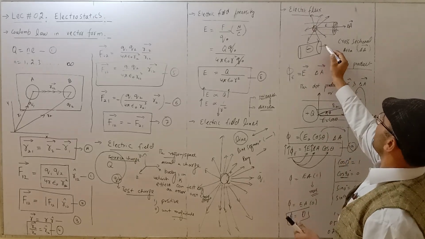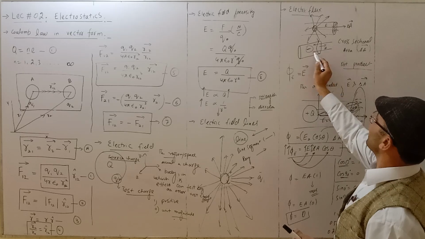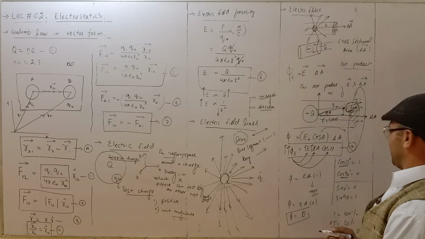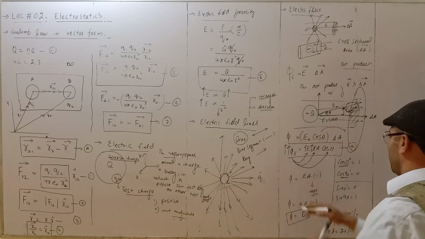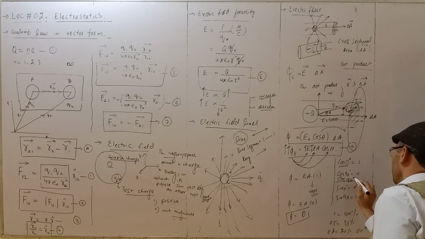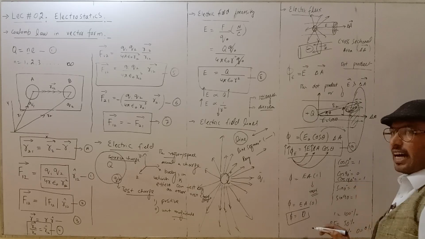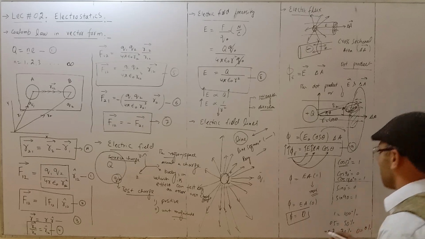So this is the direction of A and this is the direction of electric field intensity. Here the angle is 180 degrees and cos 180 degrees is equal to -1. Inshallah, I will make a lecture on why cos 180 is equal to -1.